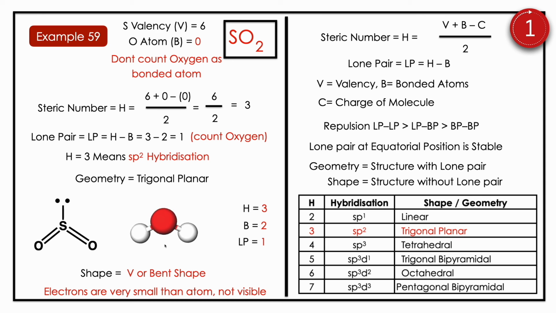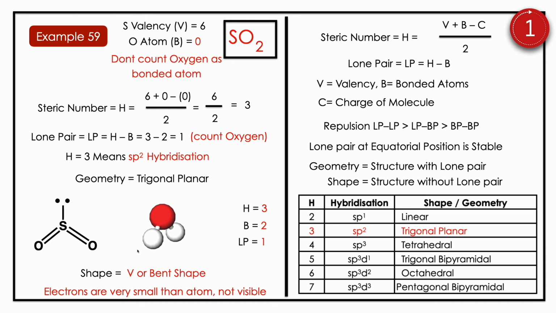Then example 59, SO2. Sulfur is the central metal atom, which is oxygen group. Valency is 6. Oxygen we should not count, it is 0. If you substitute in the steric number, H equals (6 plus 0) divided by 2, which gives 6 by 2 equals 3. Lone pair will be H minus B, which is 3 minus 2 equals 1.